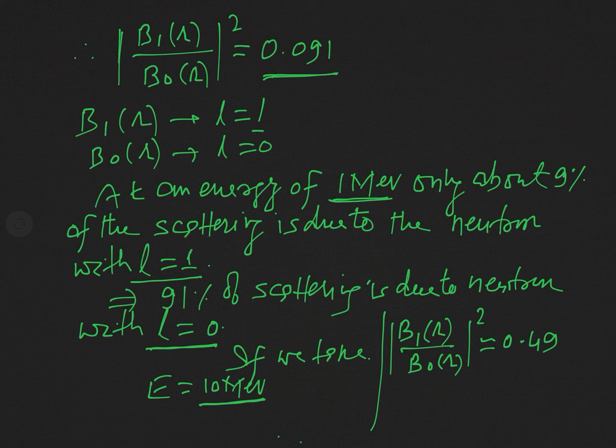And so in actual experiments, the energy of the striking neutron is kept almost of the order of 1 mega electron volt or 2 mega electron volt, never 10 mega electron volt. This is in fact the upper limit, because here the probabilities become almost equal. 49% is very close to 50%.